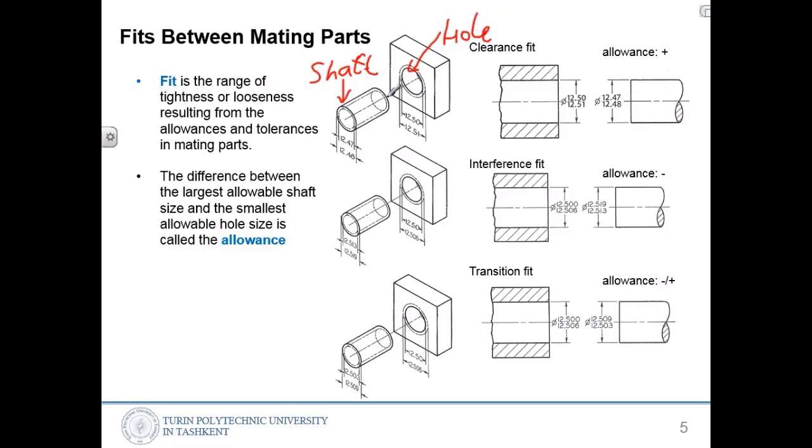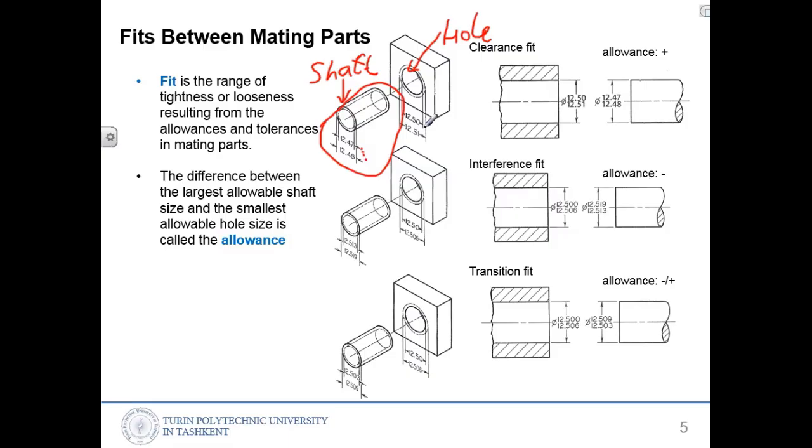Many times we are assembling a shaft and a hole, a part with a shaft and a part with holes. The shafts have their own tolerances, so there might be a bigger one, a smaller one, and one in between. Holes also have tolerance levels, the smaller boundary and the upper boundary.